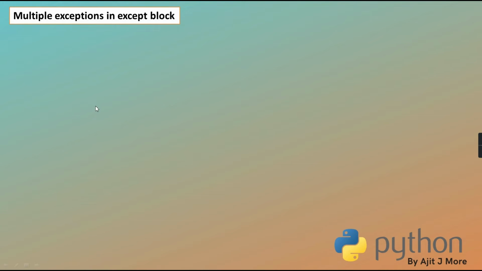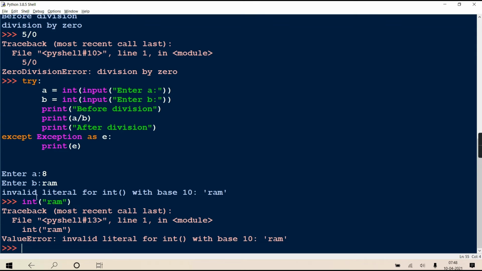So when you write except, in round brackets you give the list of all the exceptions which you want to handle there. In that except block, only those exceptions which are listed will be handled.